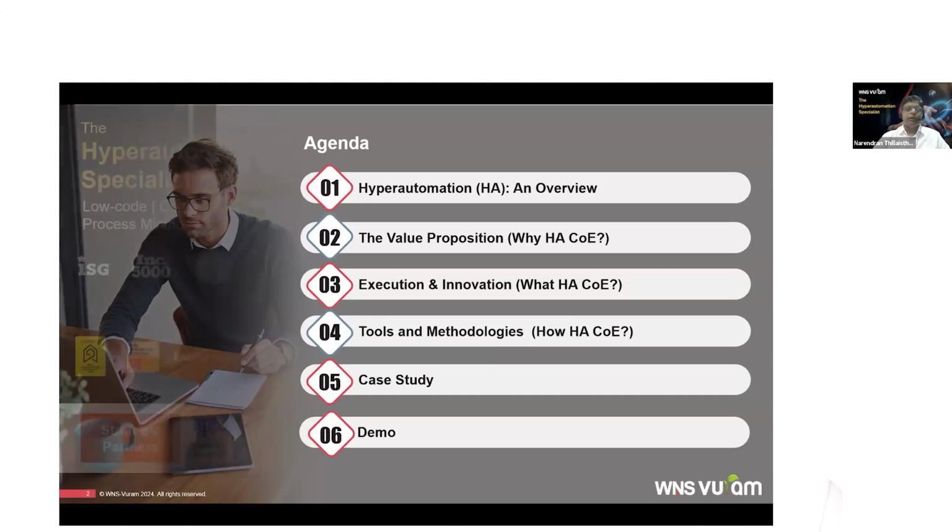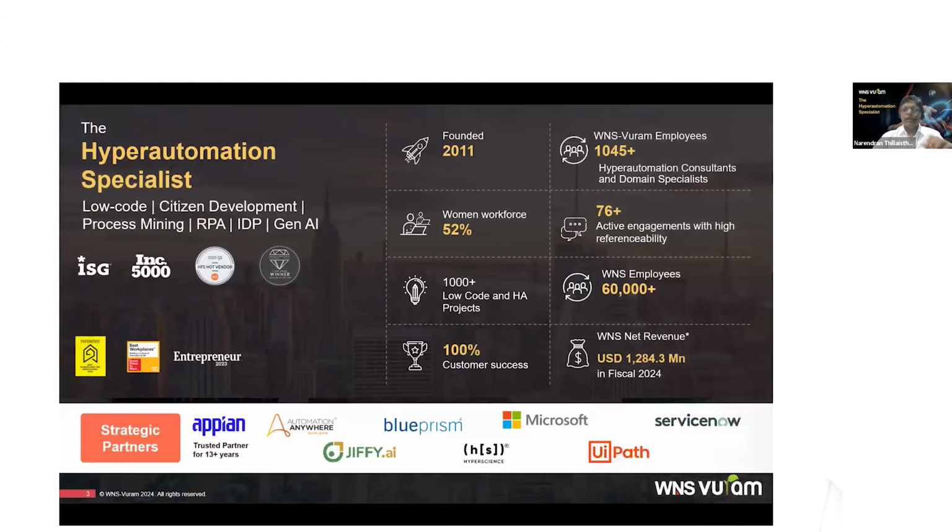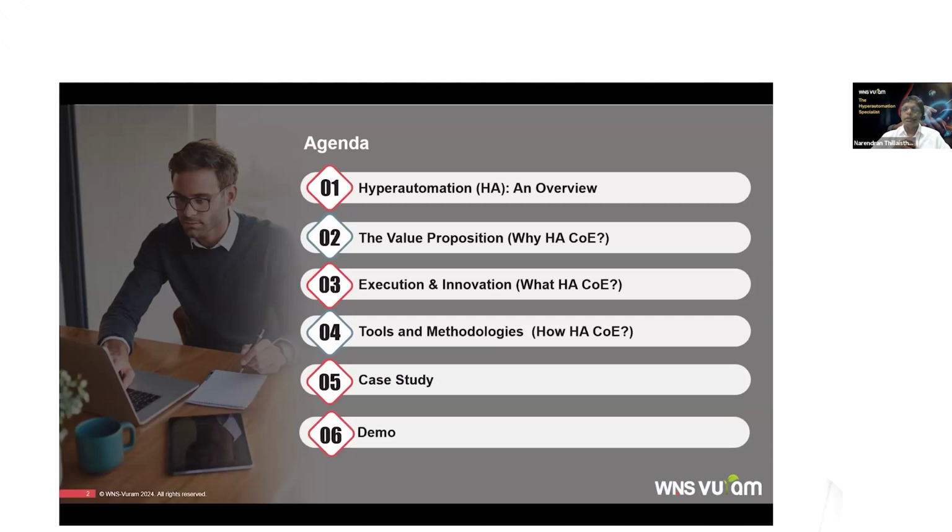And before we get deeper, Francisca, it would be great if you can actually run the first poll question, if I may request you to do that. All right, so the question is, which hyperautomation platform do you currently use?